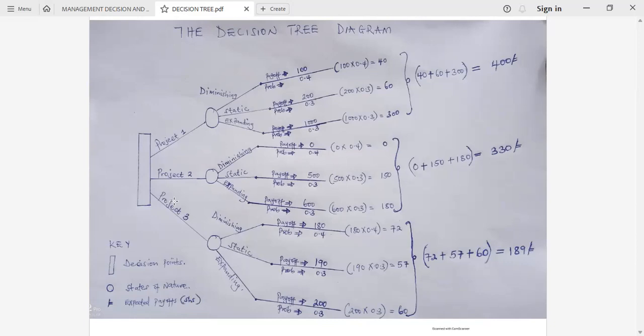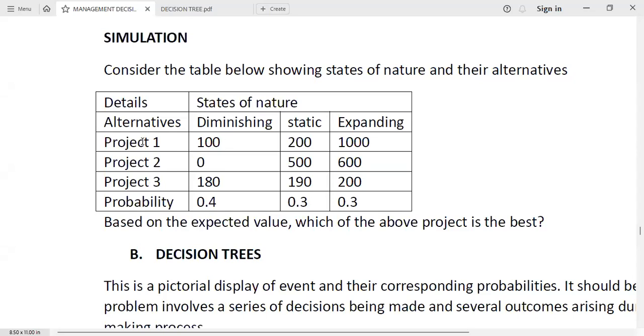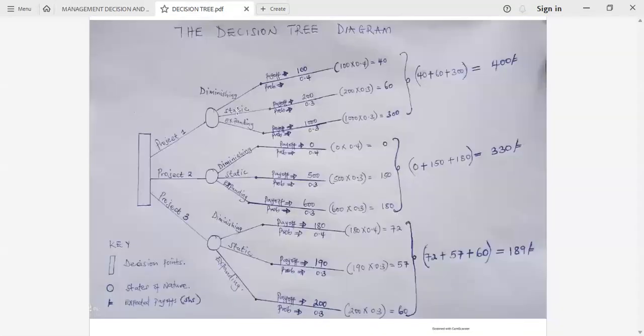state of nature. Because we've seen for project 1, just like you are seeing from the question here, project 1 has diminishing, static, and expanding as its different states of nature, and we have their corresponding values. So each project is going to have its state of nature.